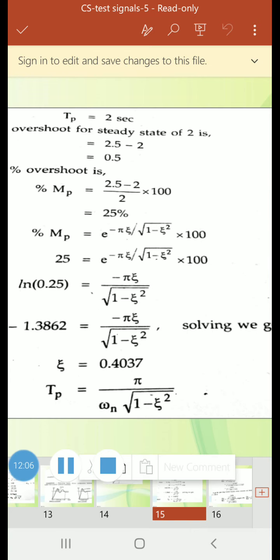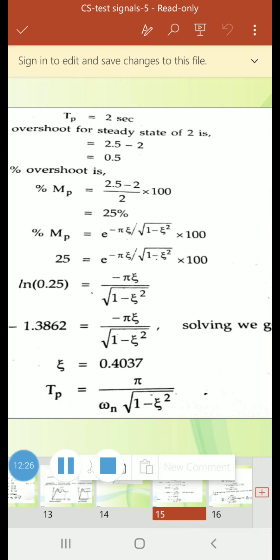Natural log of 0.25 is equal to minus pi damping ratio by root of 1 minus damping ratio square. So minus 1.3862 is equal to minus pi damping ratio by root of 1 minus damping ratio square. Solving, we get damping ratio is equal to 0.4037.